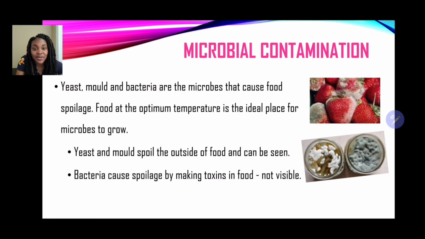Bacteria cause spoilage by making toxins in food which are not visible. Whereas we can physically see that yeast or mold may be on the food, with bacteria we cannot see, even though the meat may be contaminated because it has been at room temperature for an extended amount of time.